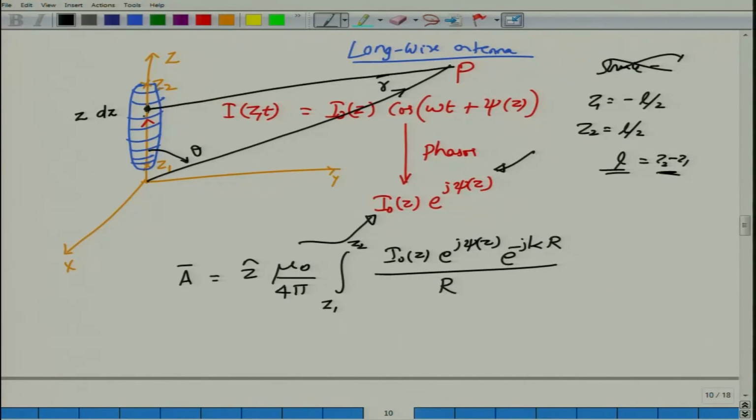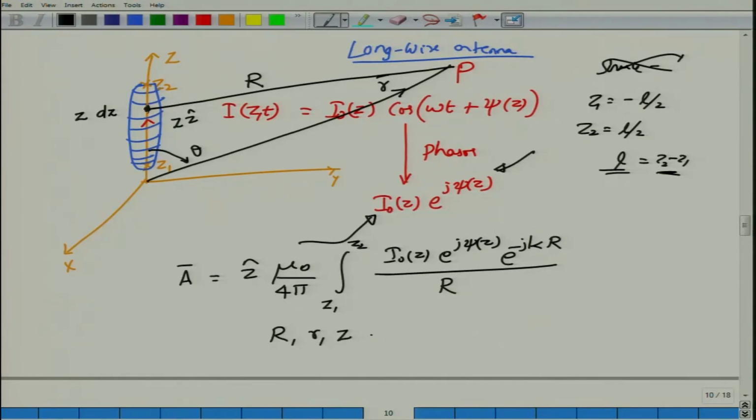So, at a height of z and over a short length dz, if you find the distance from this current element to the observation point P, that would be the capital R vector, correct, and you can now see that there is a relationship between small r and z.